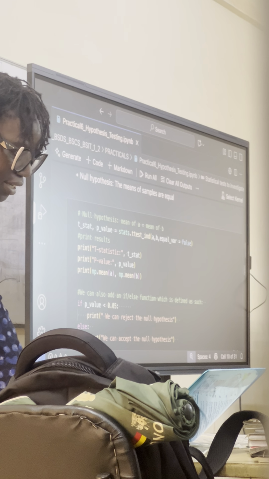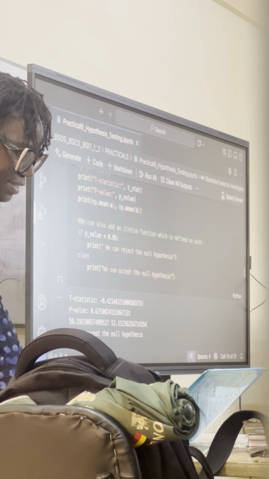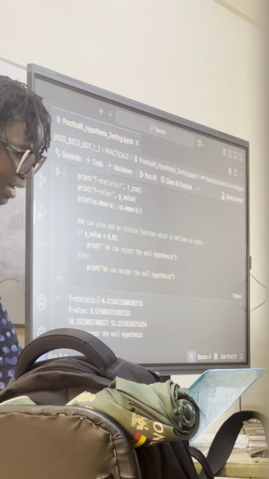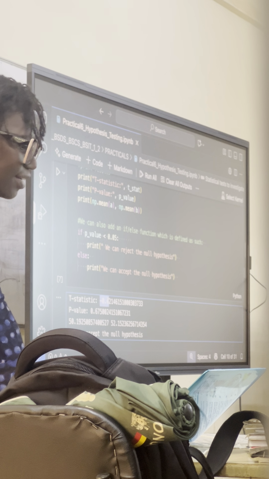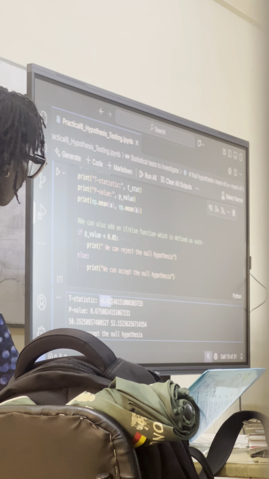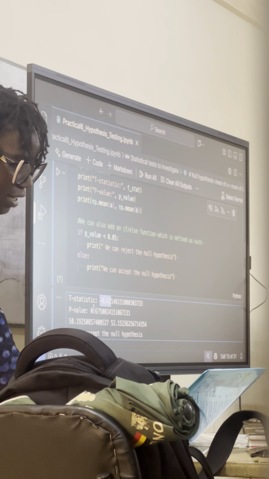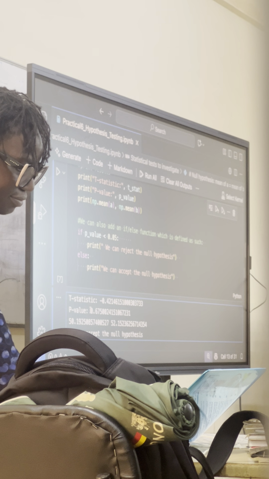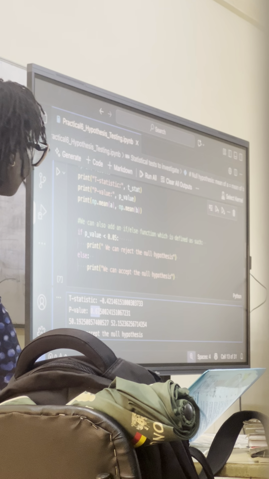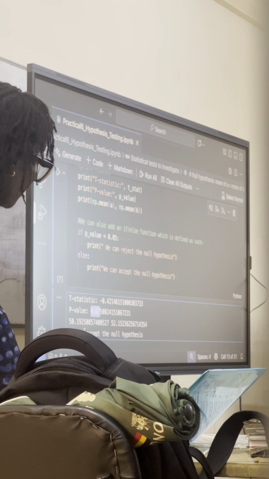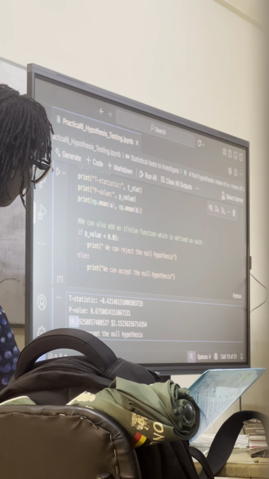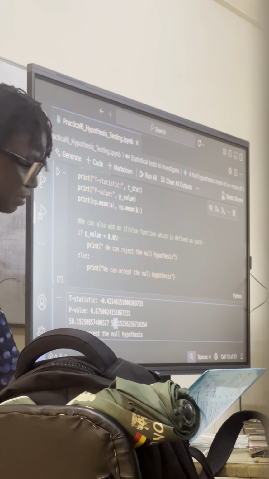If we generate the result, we have a t-statistic in this scenario of negative 0.42, a p-value that is greater than 0.05, and these are the means of sample A and sample B.